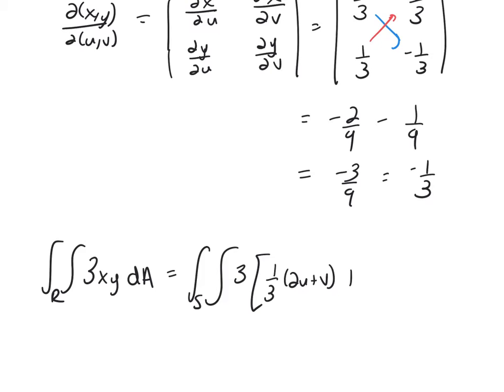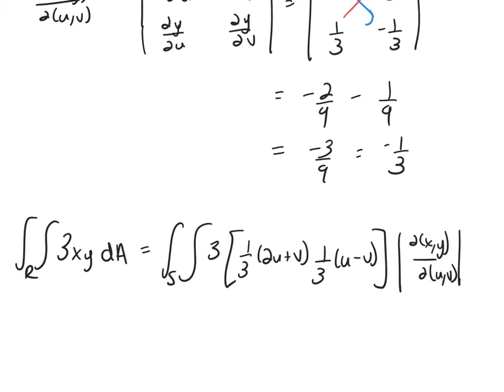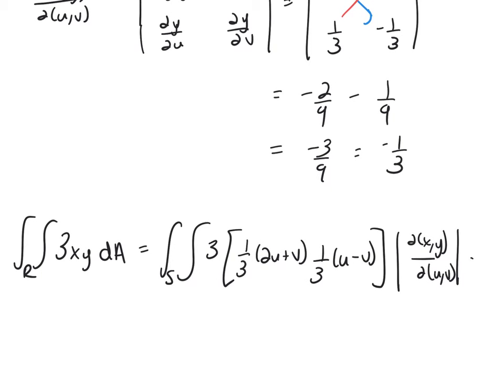Plug in for y, it's 1/3 (u minus v). And then you want to take the absolute value of our Jacobian, dv du.